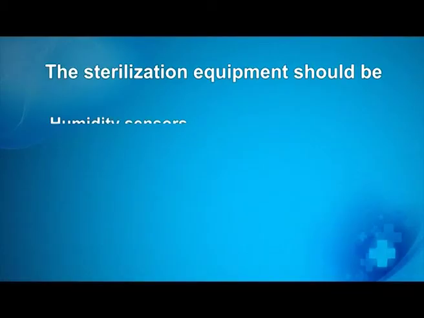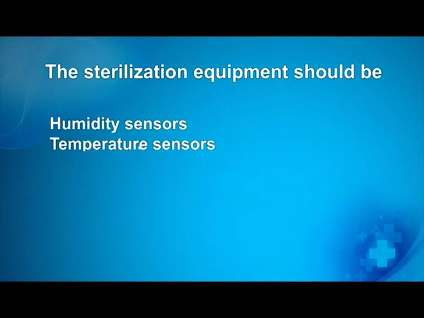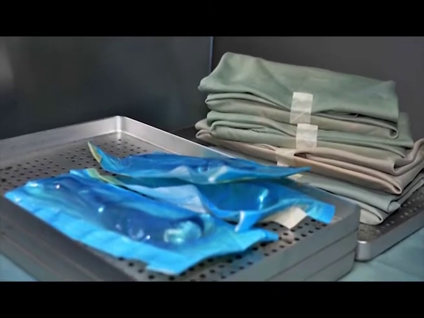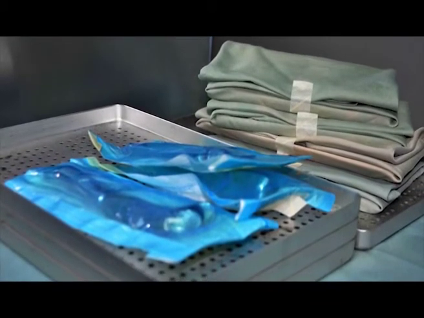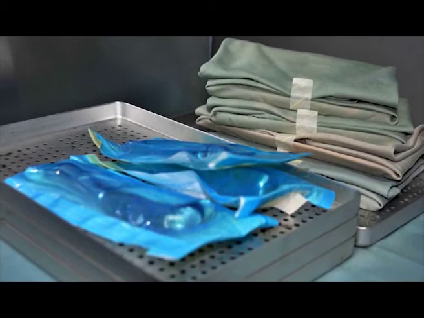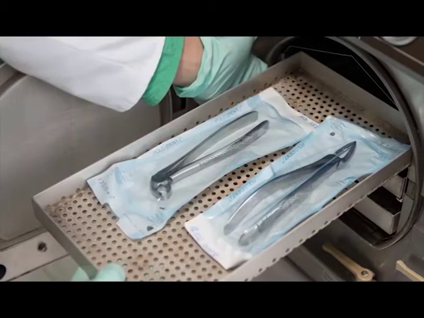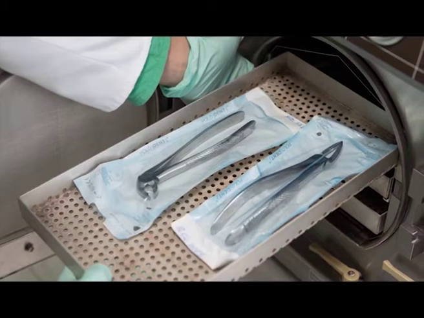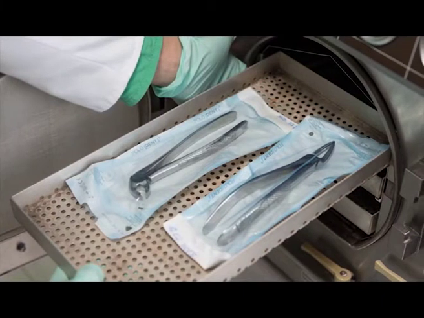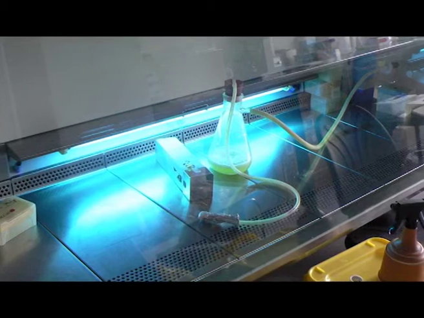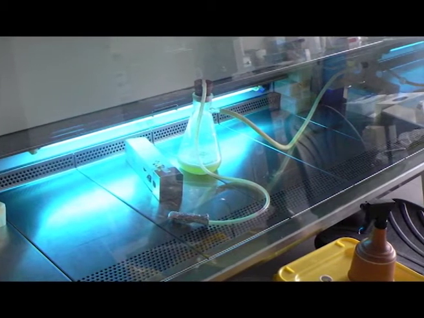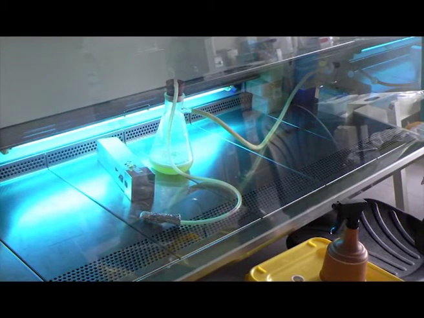The sterilization equipment should be fitted with required number of humidity sensors, temperature sensors, pressure sensors. The material to be sterilized has to be properly packed and sealed in medical grade paper or breathable film pouch and preconditioned before actual sterilization cycle starts. Complete sterilization cycle has to be monitored and should be run on validated parameters.